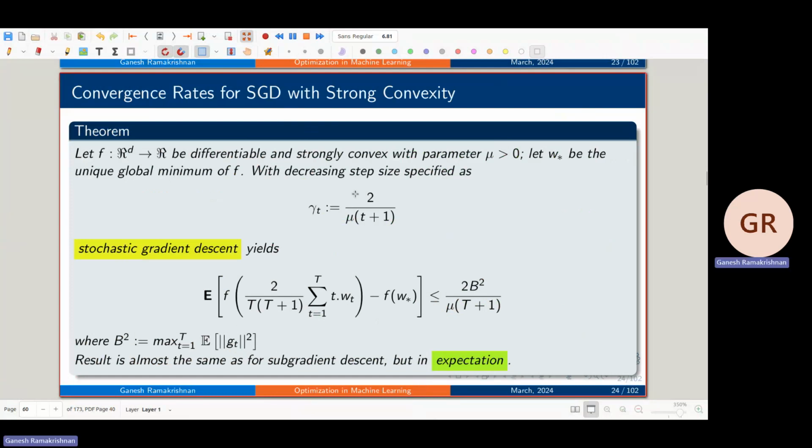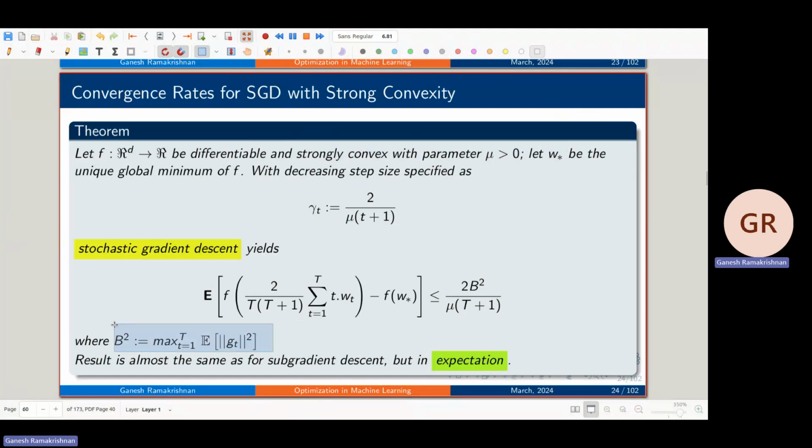Now, if you bring in strong convexity, what happens? Strong convexity with mu. Here, unfortunately, I don't talk about convexity in expectation, strong convexity in expectation. It's just a strongly convex function. That's it. So it is almost the same as subgradient descent, but in expectation.